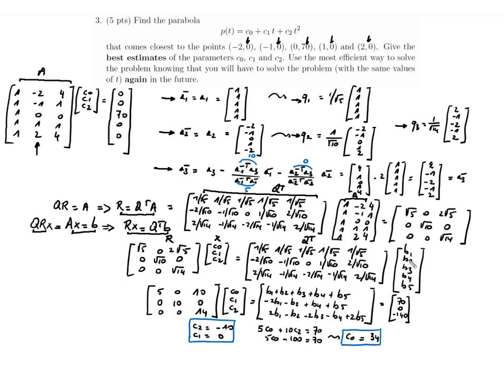If you do this computation and you multiply each equation by, well, the first one by square root of 5, the second one by square root of 10, and the third one by square root of 14, well, you can write this system of equations in this format.